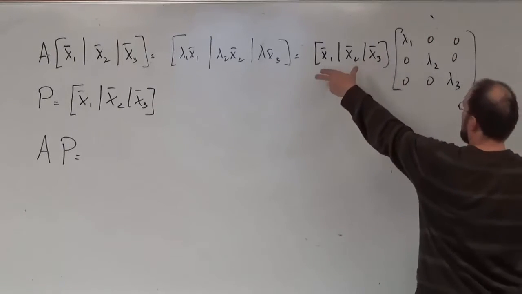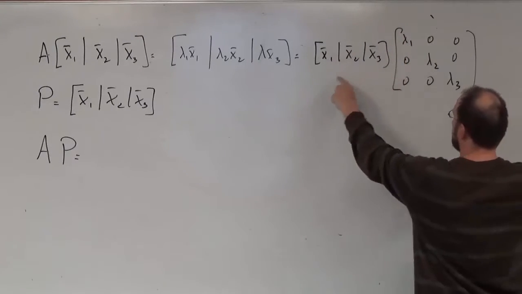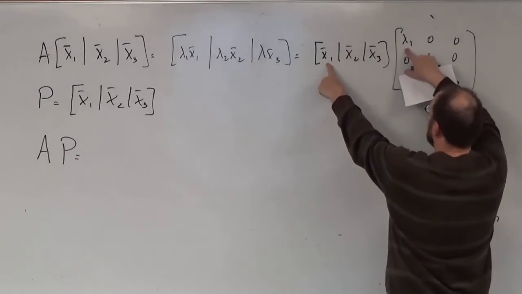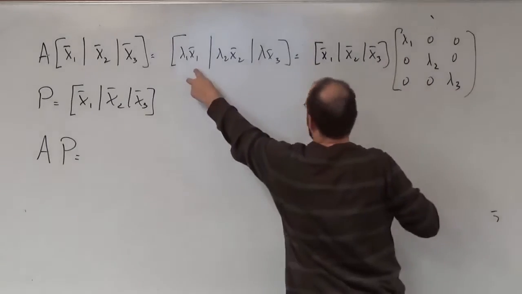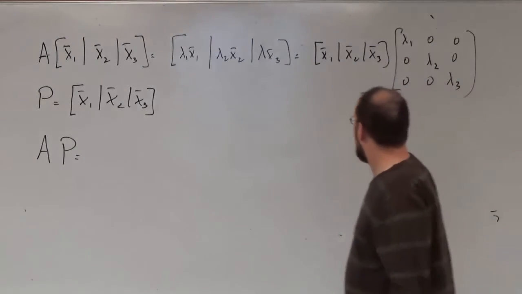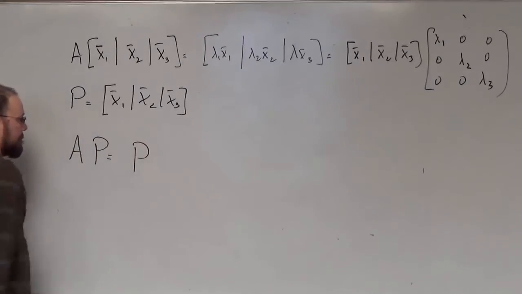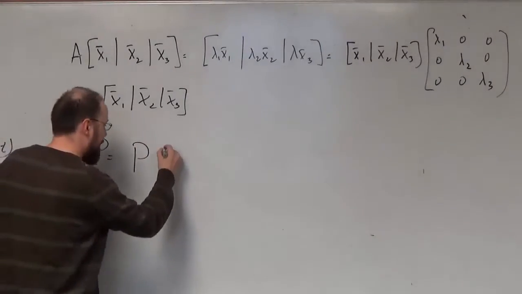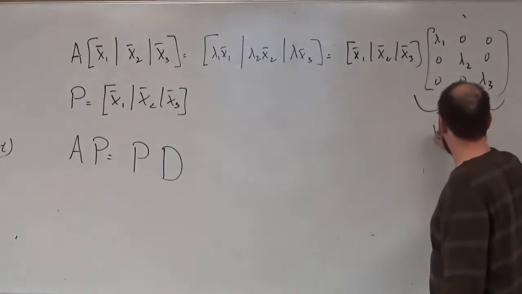So multiplying this matrix with this column gives me a linear combination of the columns. You would have lambda 1 times x1 plus 0 times x2 plus 0 times x3. So that would give me the first column here. So we see that the right-hand side can be expressed as P times a diagonal matrix. So define this to be a diagonal matrix.